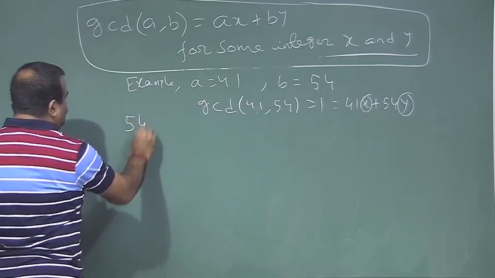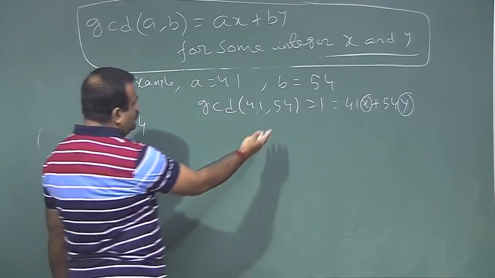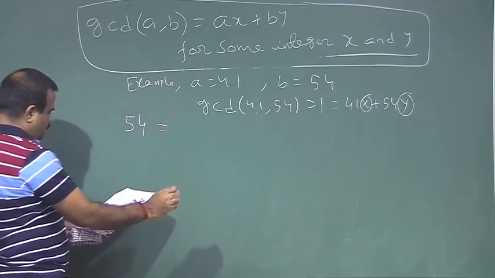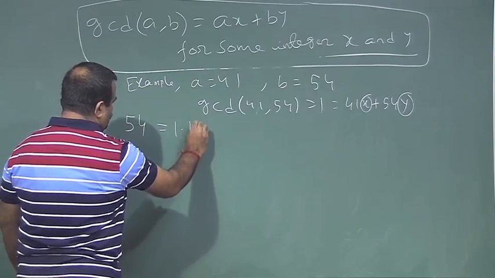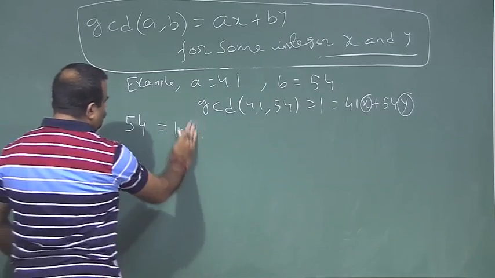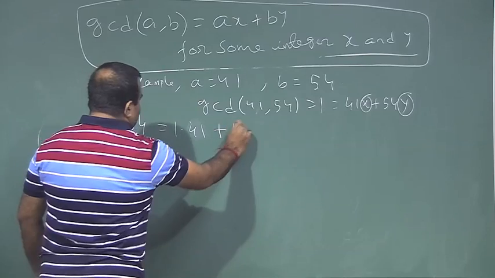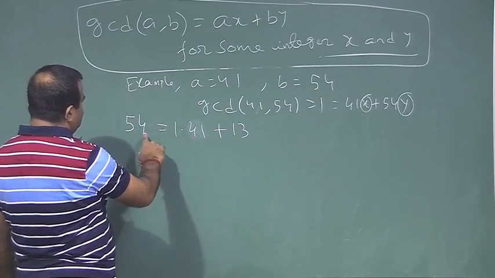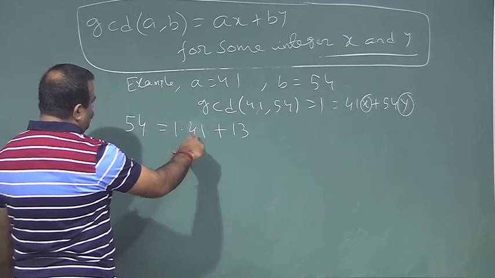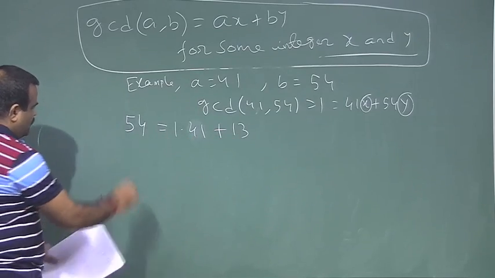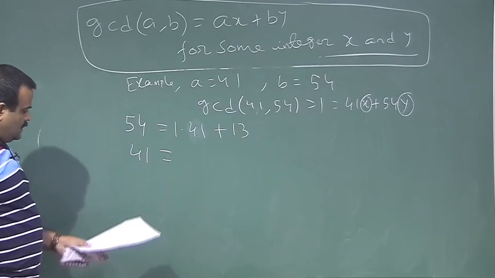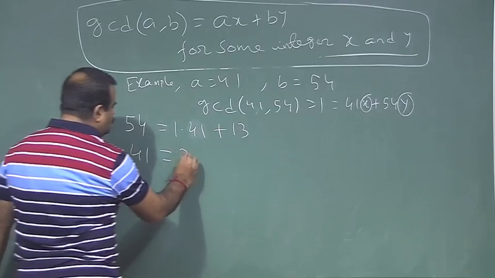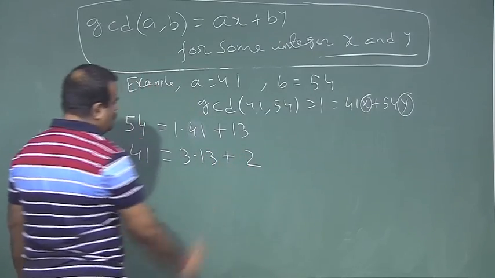First we find 54 mod 41, which is 13. So 54 is written as 1 into 41 plus 13. That means the GCD of these two is the same as GCD of 41 and 13. Then 41 mod 13 is 2, so 41 is written as 3 into 13 plus 2.